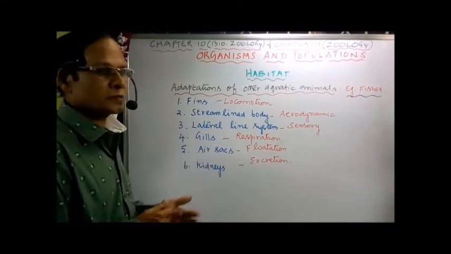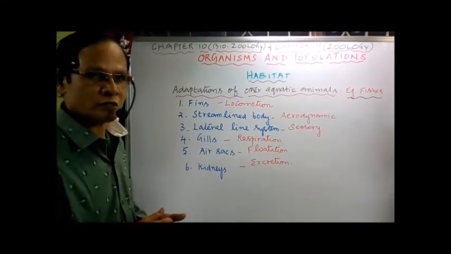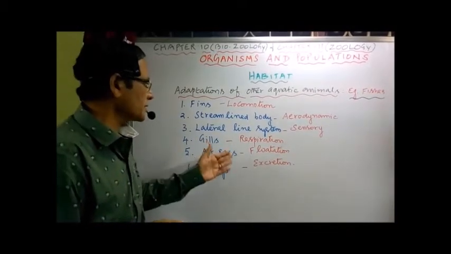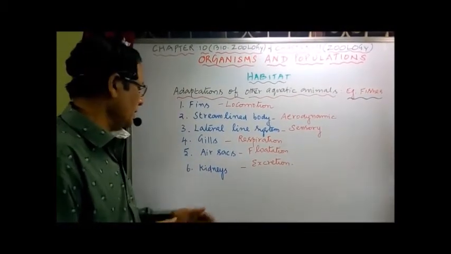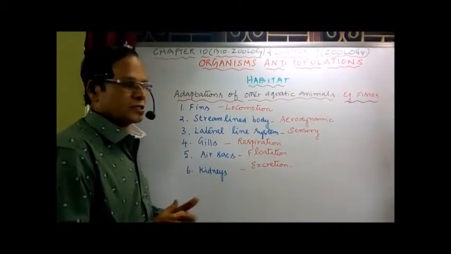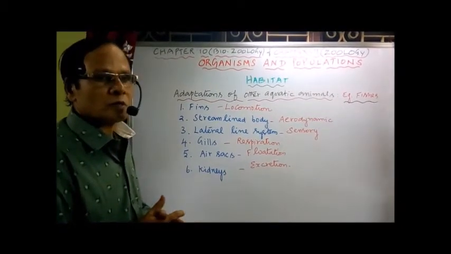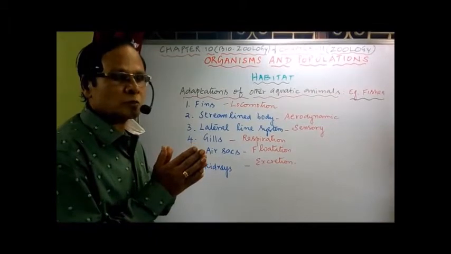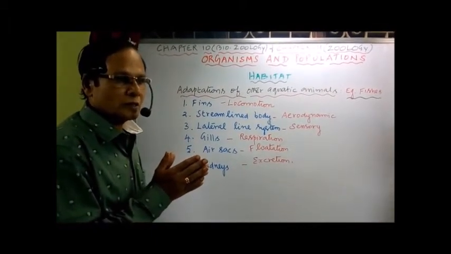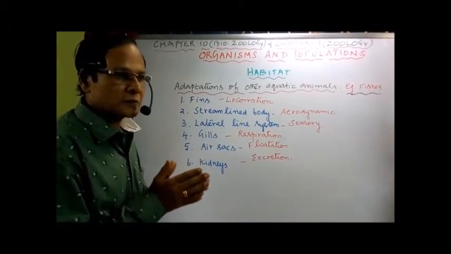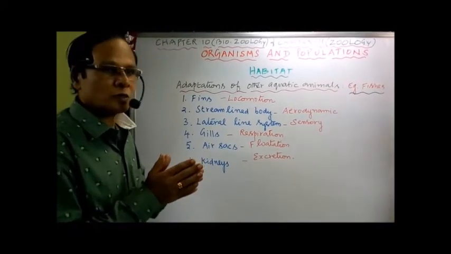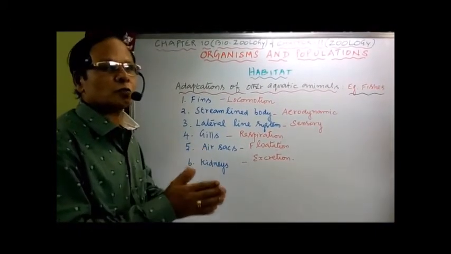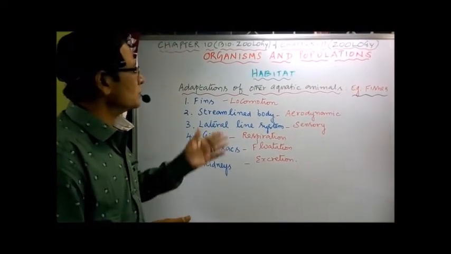In teleosts, the bony fishes, we have air sacs for flotation. For excretion, we have glomerular kidneys in the case of freshwater animals, to excrete the large amount of water that enters the body. That's all about the habitat.